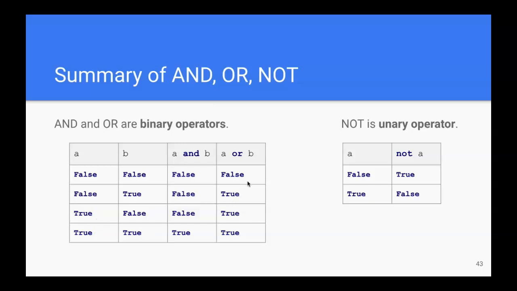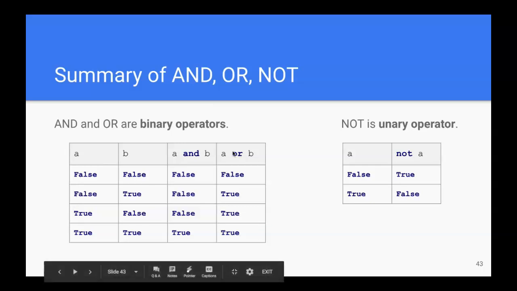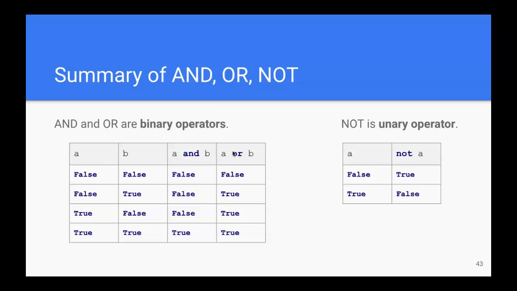This is called a truth table, by the way. You'll see a lot of these as you learn more about programming and computers in general. The not operator is called a unary operator because it takes only one operand. All it does is flip or negate whatever that operand is. If A is false, then not A is true. If A is true, then not A is false.